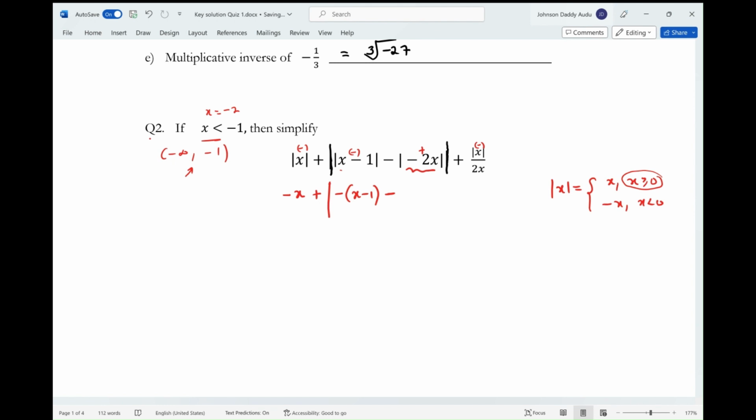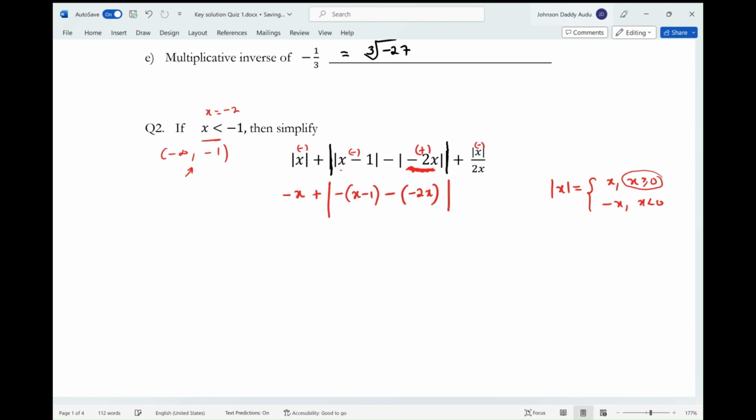It means the absolute value of x will just be x. We don't need to add negative. So it means we will have minus 2x. So minus 2x, remember, is the what? Is the quantity inside the smaller absolute value. It will come out just the way it is without adding any negative, since here is positive.